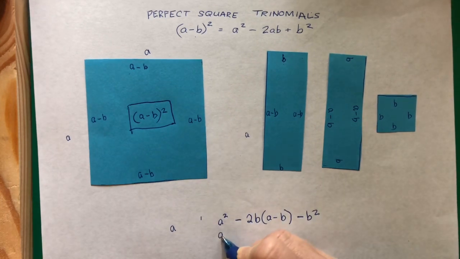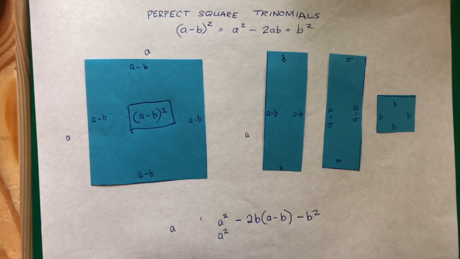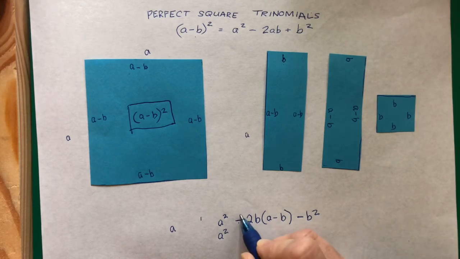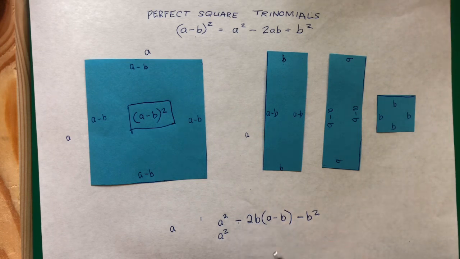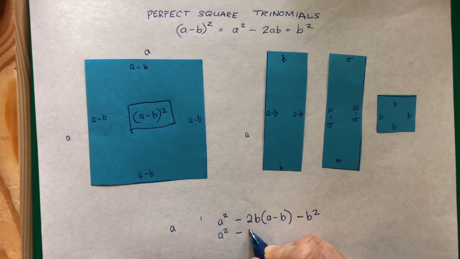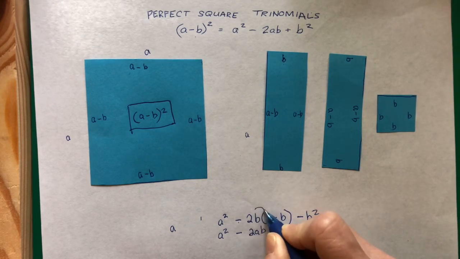So now we have a squared. Now I'm going to think about these. This is a negative because we're subtracting, and this is a positive. You may change it to plus and negative if you'd like to, so you'd have negative 2b times a. But we have minus 2ab, because I used the distributive property.